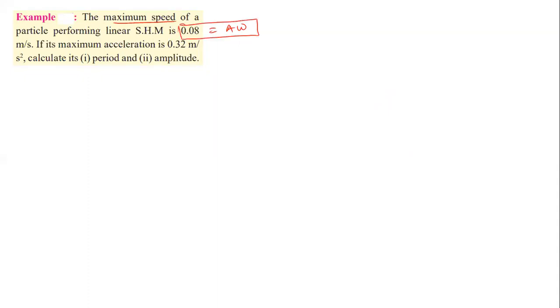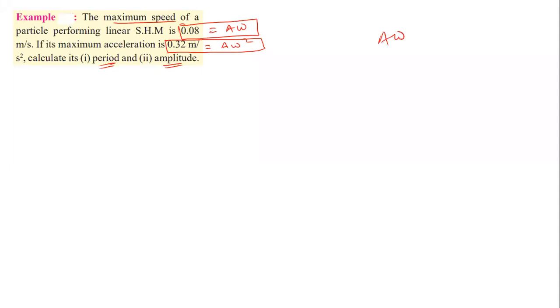Maximum acceleration formula is A omega square. So A omega square is 0.032 meter per second square. So you have to find out period. And second one is amplitude. So listen. Let me tell you the hint here.